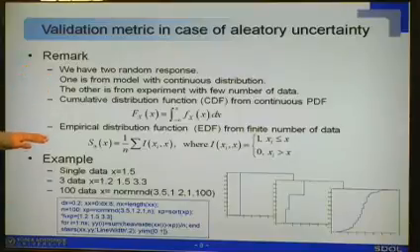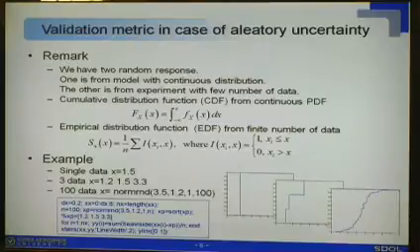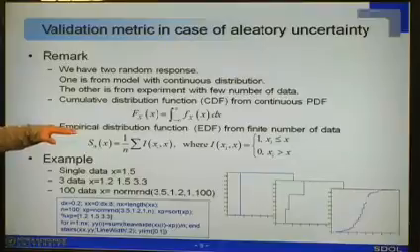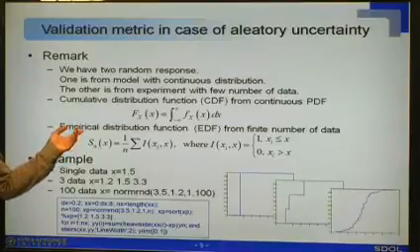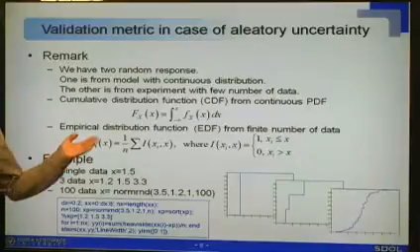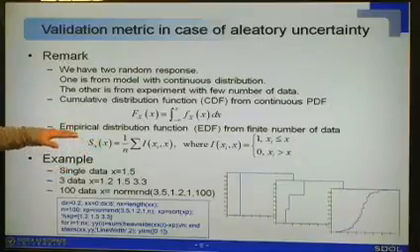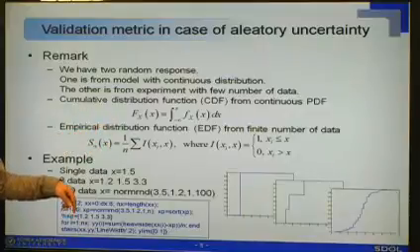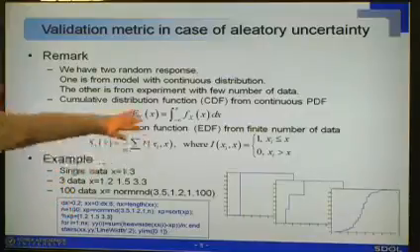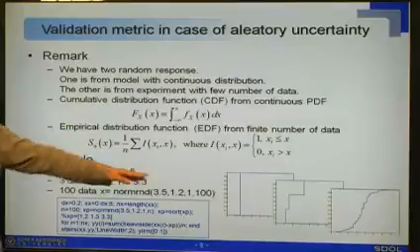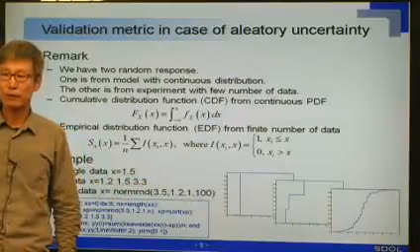On the other hand, in the experimental data, we need to introduce some kind of distribution, and the textbook introduces it as the empirical distribution function, or EDF. I also call this the empirical CDF, the same thing. And I would explain this equation using examples.